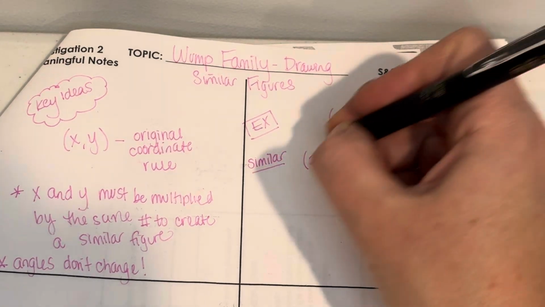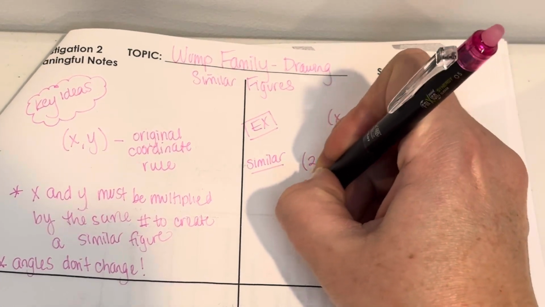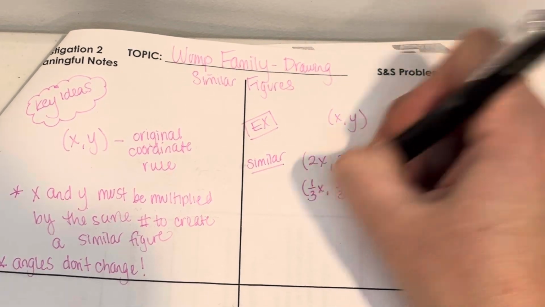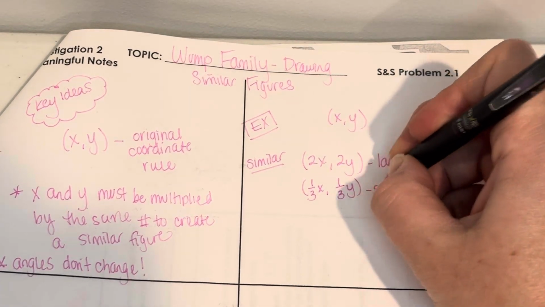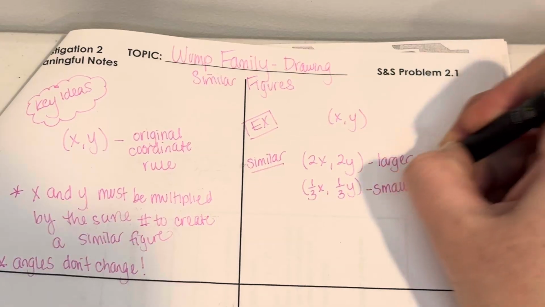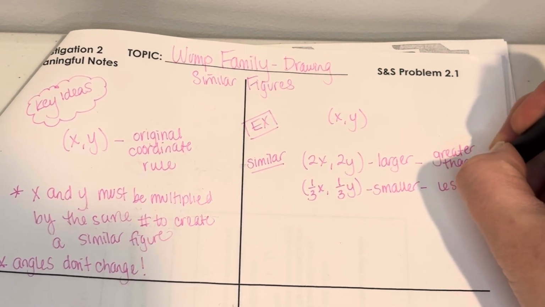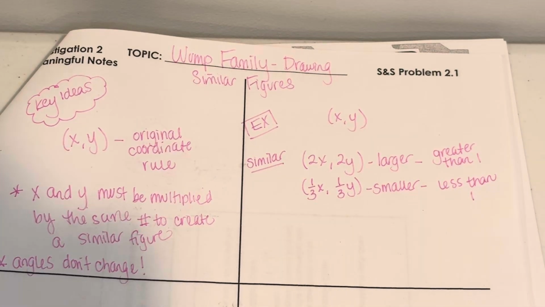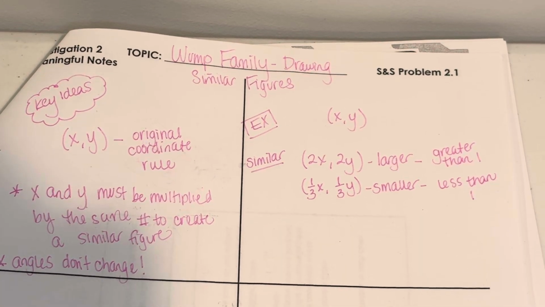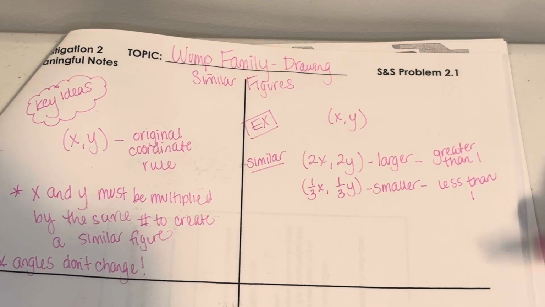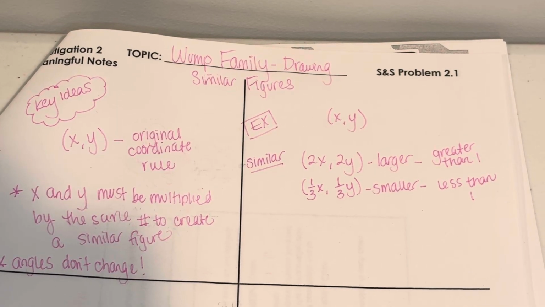Let's say you wanted to go smaller with it. You could also multiply by a fraction coefficient like 1/3, and that would in fact make it a smaller image. And that occurs because that is something that is less than 1. So in both instances, we can just look at the rule and we know what's going to happen. You don't actually have to go through the whole process of graphing points and whatnot.